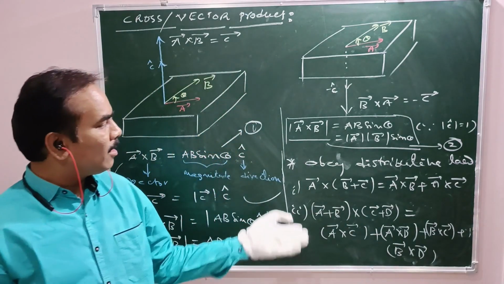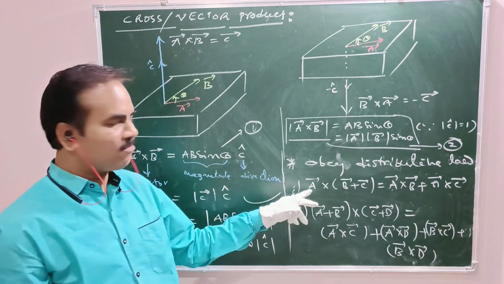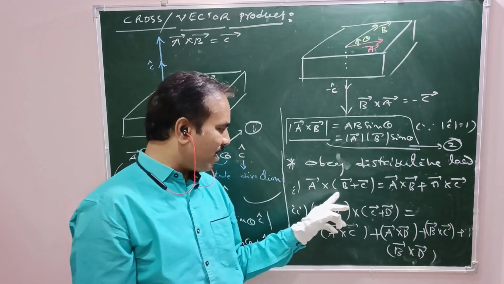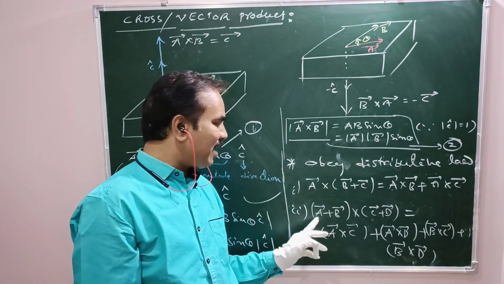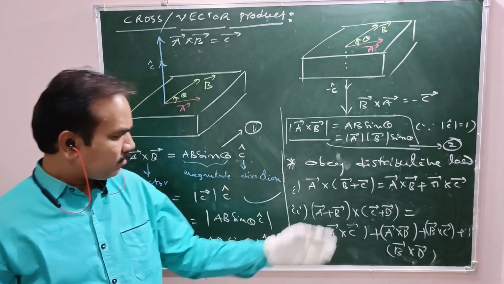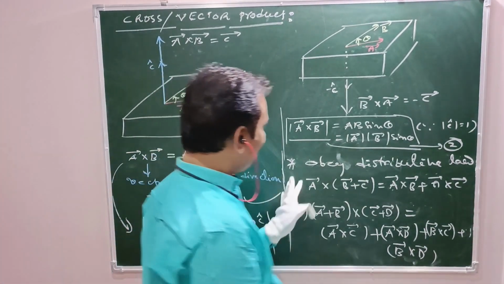Okay. Both are distributive laws only. This is the first law, this is the second. This is valid for three vectors. This is valid for four non-zero vectors, right?